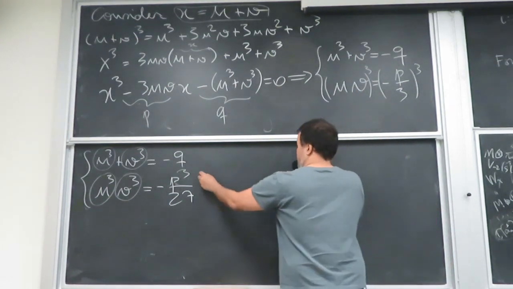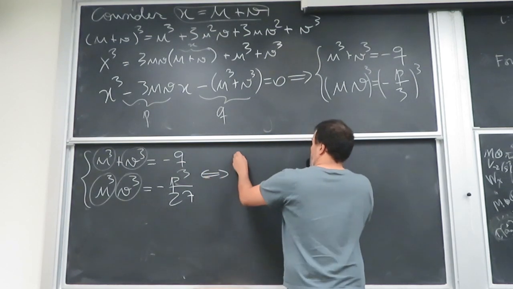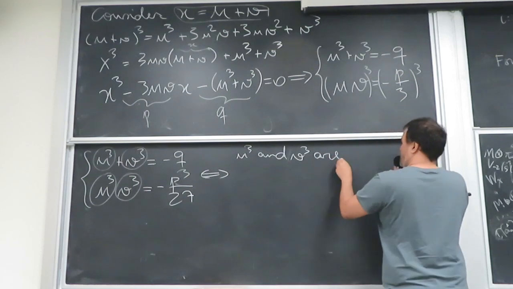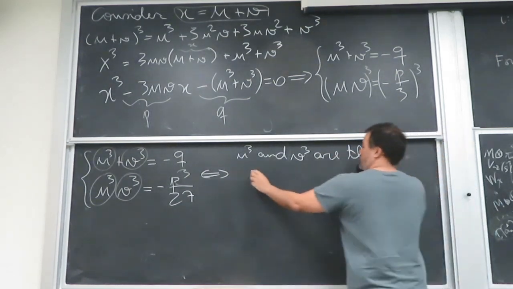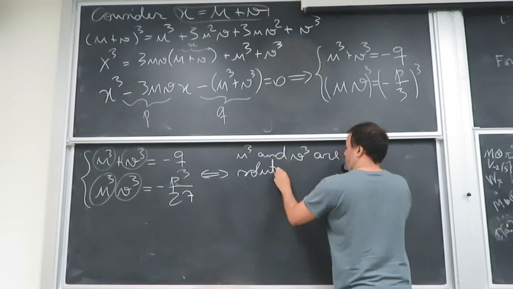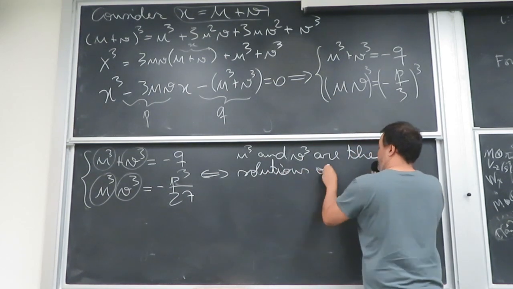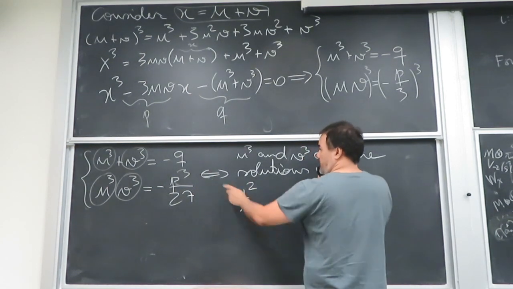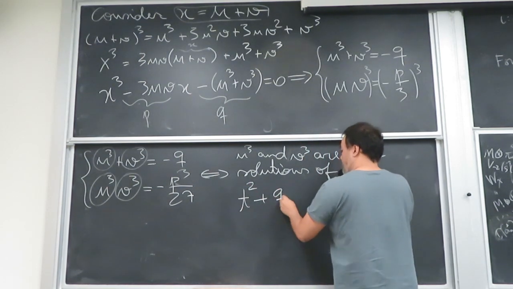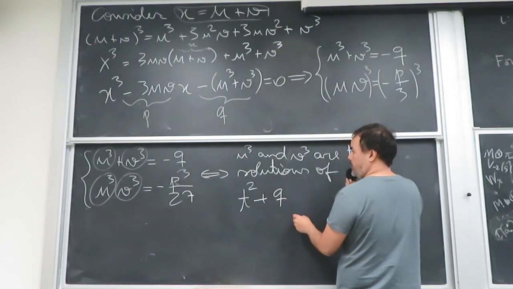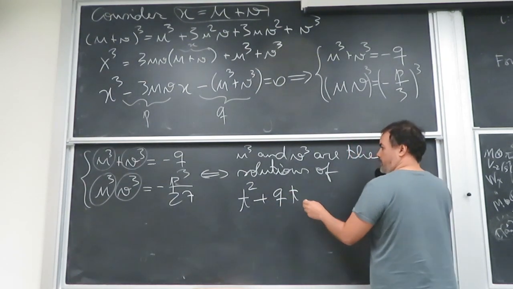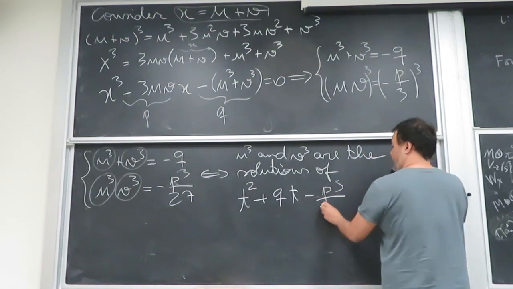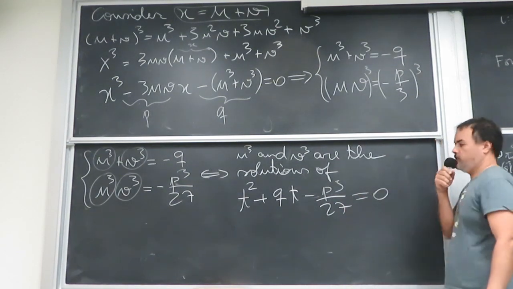So this is the same as saying that u cubed and v cubed are the solutions of the quadratic equation t squared plus qt minus p cubed over 27 equals 0, right?